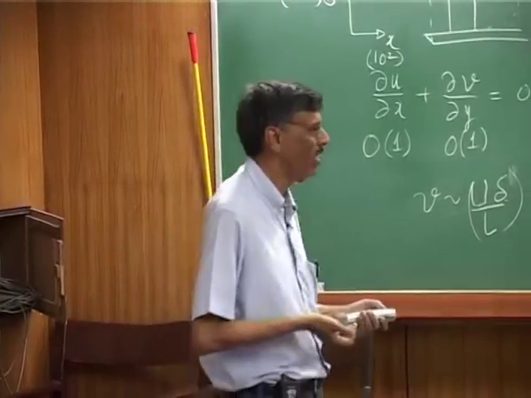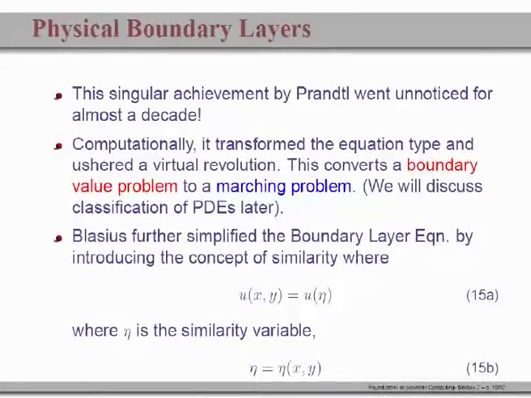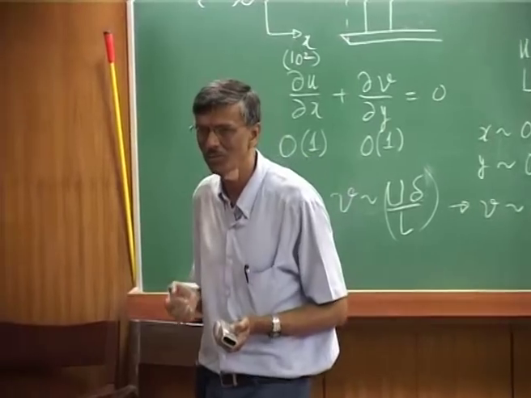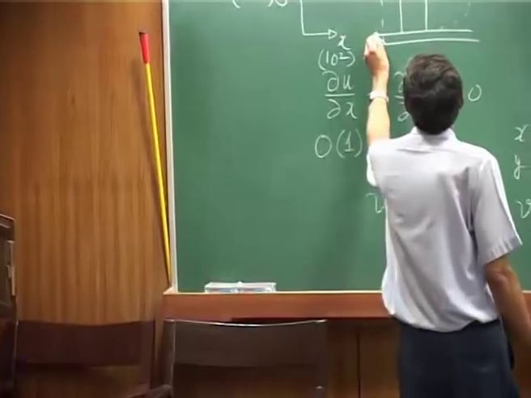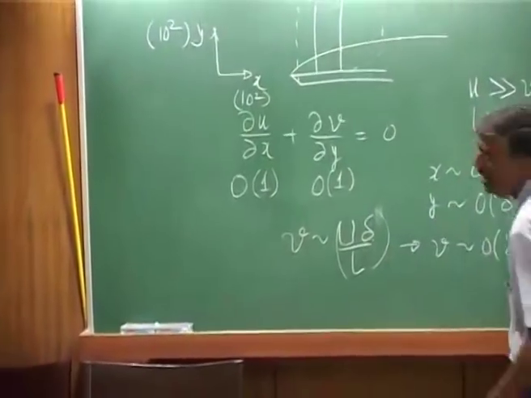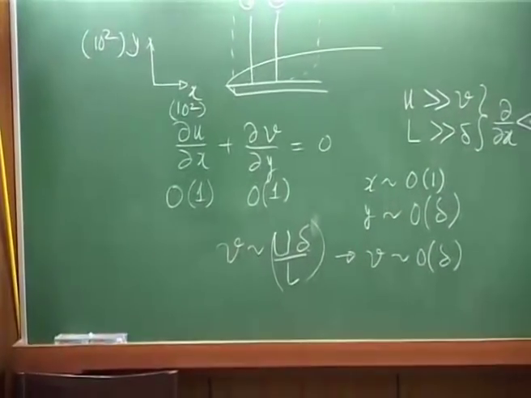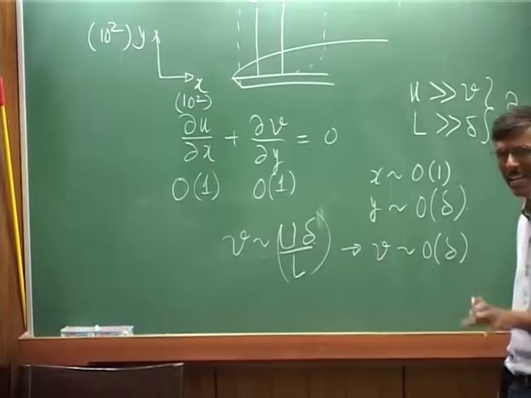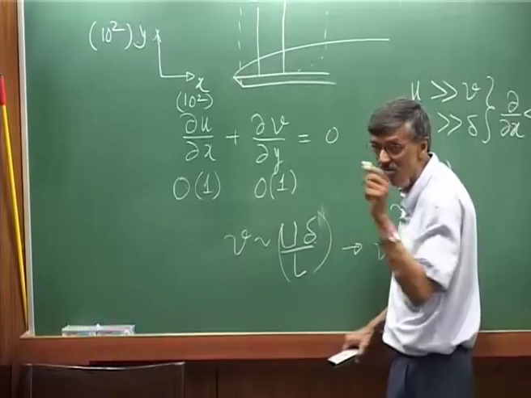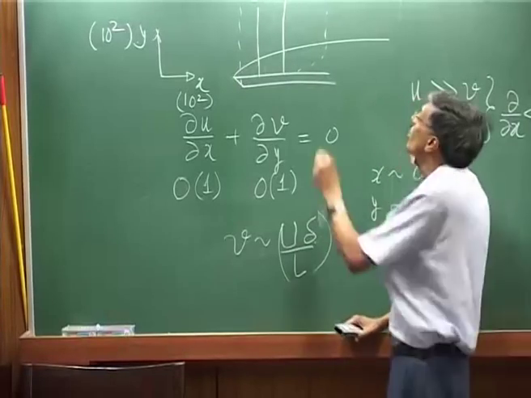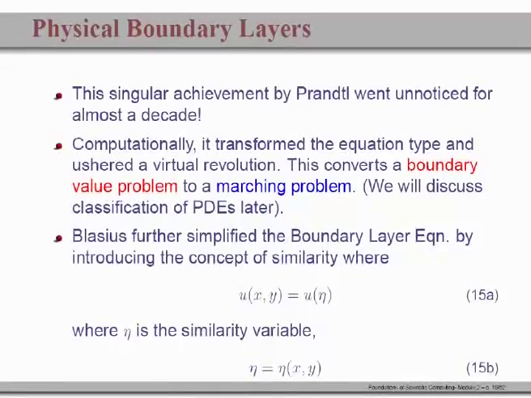We will see that. Well, the genius of Blasius did not stop there. He was a clever fellow. So, what he said was, I will try to even do something better. He said that if I look at the boundary layer developing, then I could find some combination of x and y in such a way that the solution for a fixed value of that combination will determine the solution uniquely there.